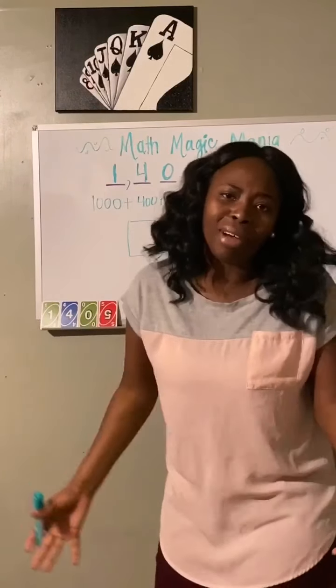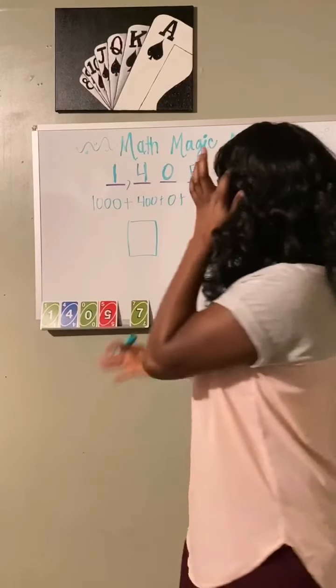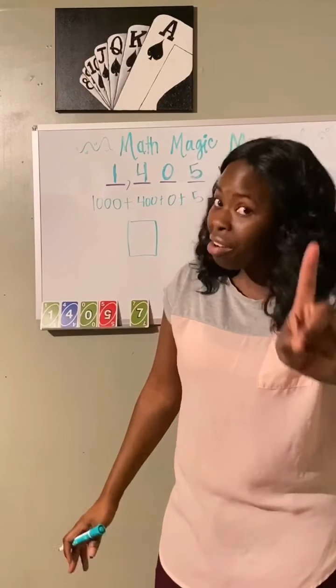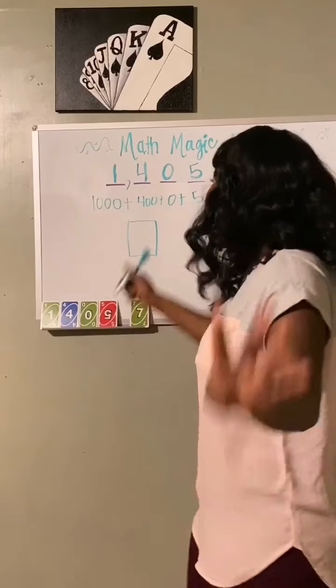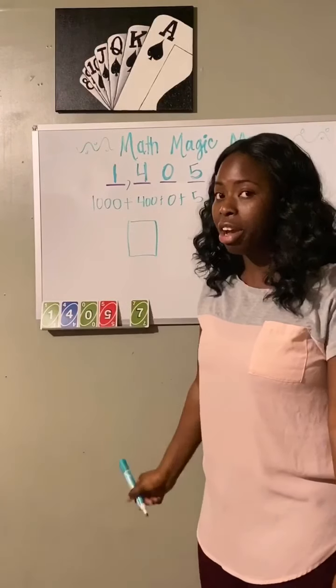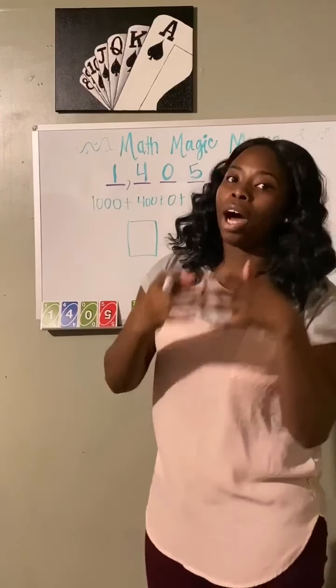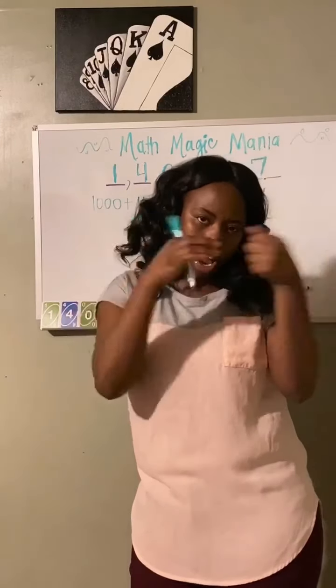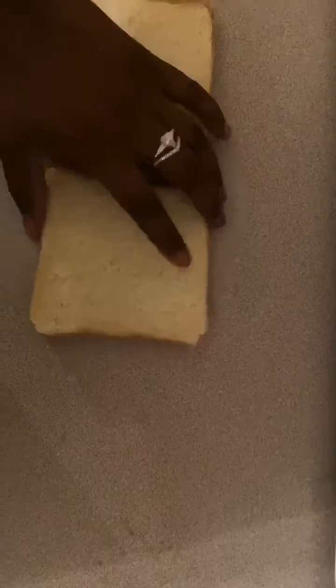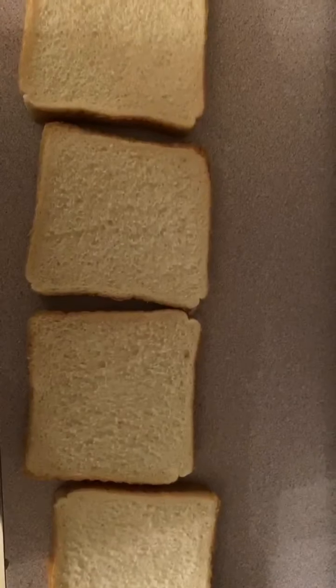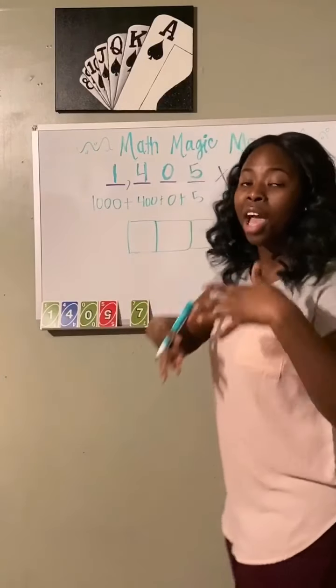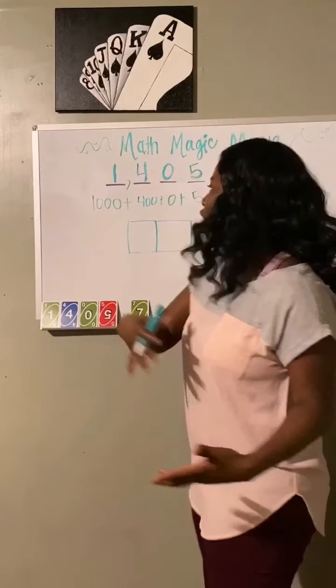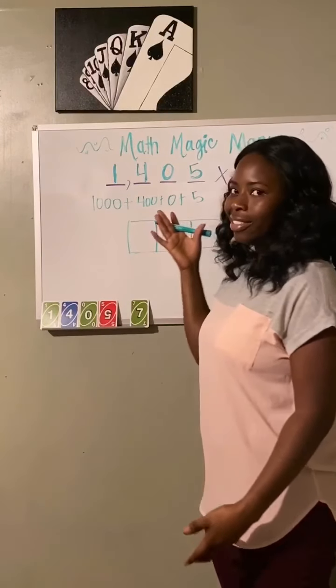That's a really small box. I've got to stretch it. That box is only big enough for one number. I have 4 different values in my first number, so I have to stretch my box really, really hard, kind of like elastic. And now my box is big enough for all of my numbers.